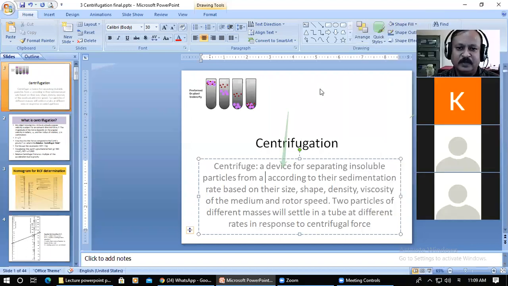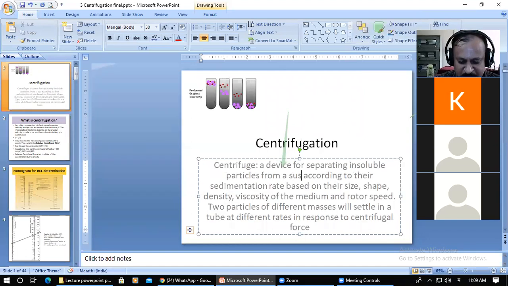So I should write suspension instead of solution, because it is a liquid or aqueous liquid which contains the insoluble particulate. So it is a suspension.